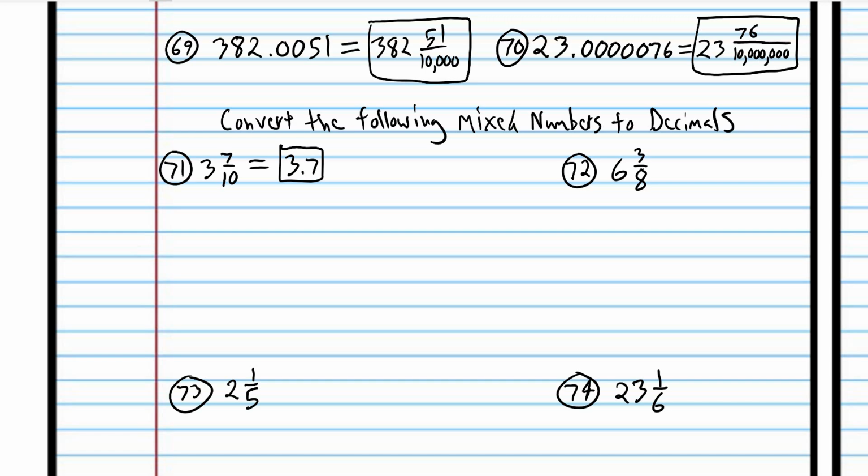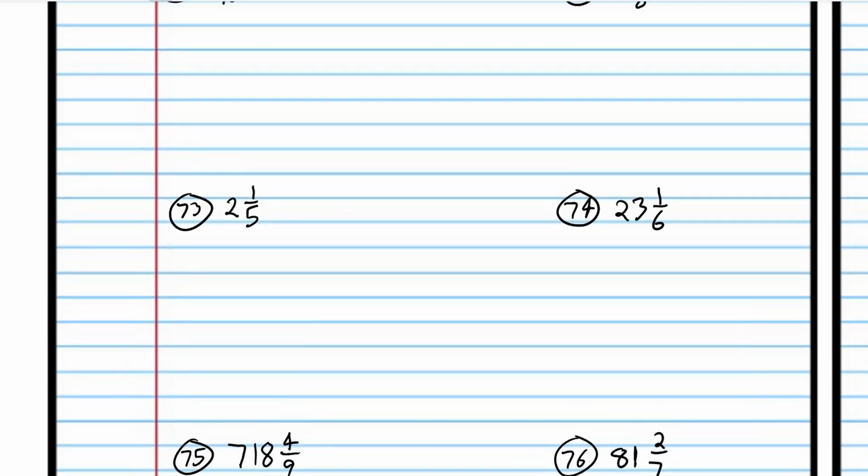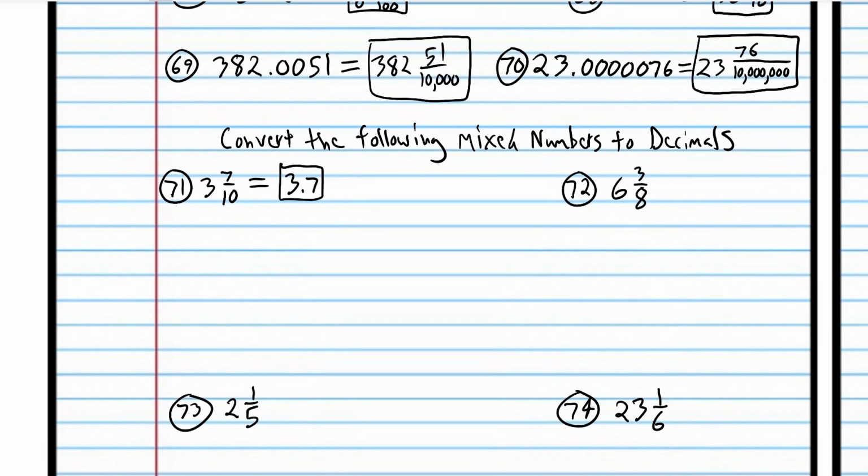Now, number 72 is going to be more difficult because we have 3/8, which is not as easy to convert, but you're going to have to use long division as usual. So 8 divided into 3.